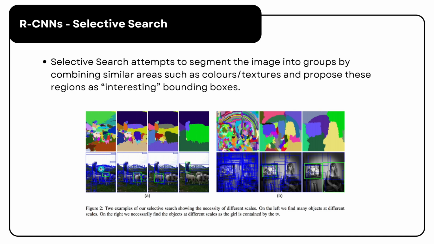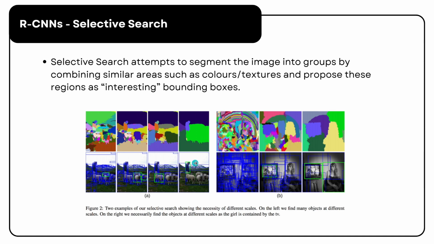In simple terms, it groups pixels that are similar to each other, then gradually merges those groups to form potential object-like regions. Finally, it outputs bounding boxes around these groups of areas, which can then be passed to the CNN for classification.